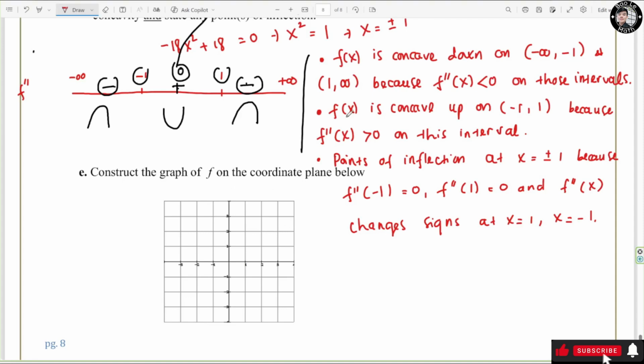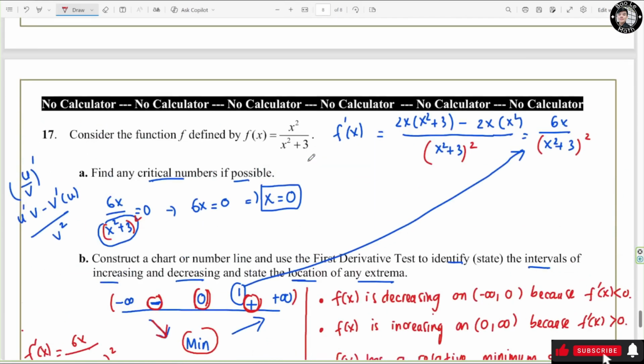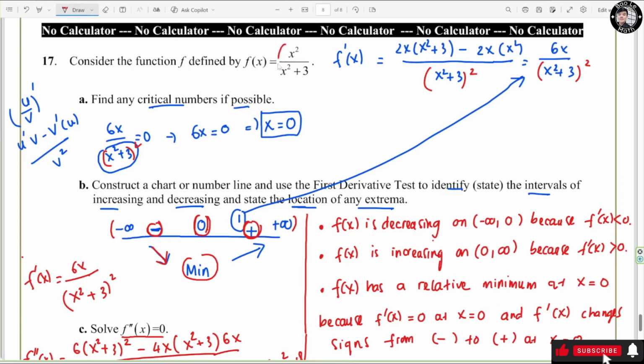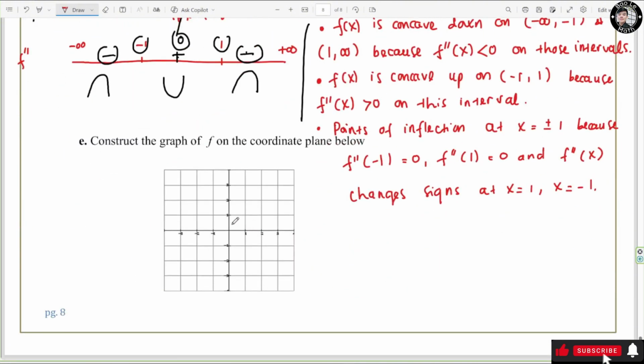Alright, so we're going to go back to the function f of s. It could be s squared over s squared plus 3, right? So we have the function f of s equals s squared over s squared plus 3. Now observe that the degree of the numerator and the degree of the denominator are the same.